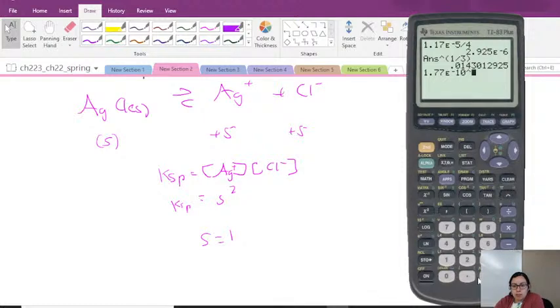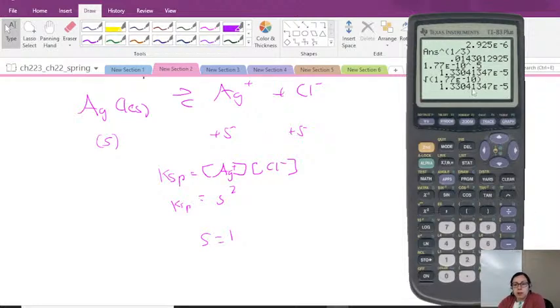So you could take this to the power of 0.5, that's one thing, or the square root of 1.77. Either way, I type those in, I get 1.33 times 10 to the negative fifth. Is that what other people got? Perfect.